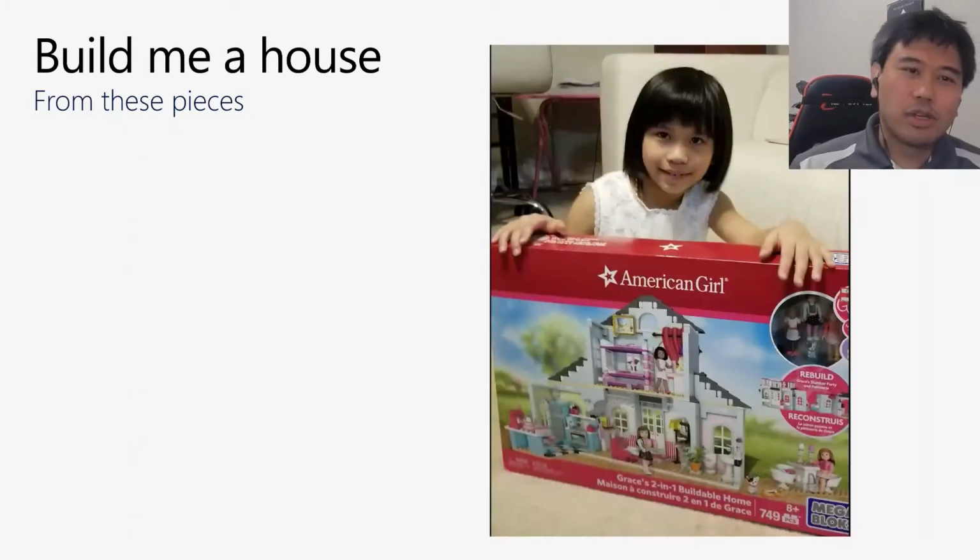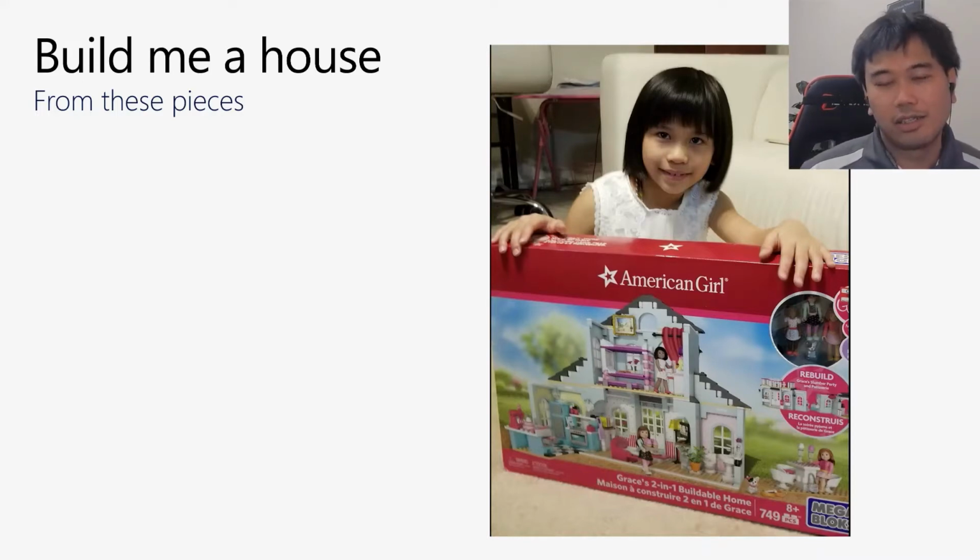And of course, a few years later, since she enjoyed Lego, she wanted to buy this kit to build kind of like a small dollhouse, and she built this in a few hours.